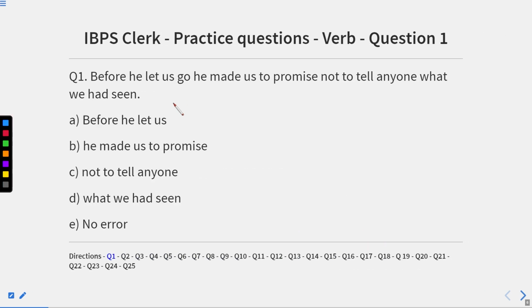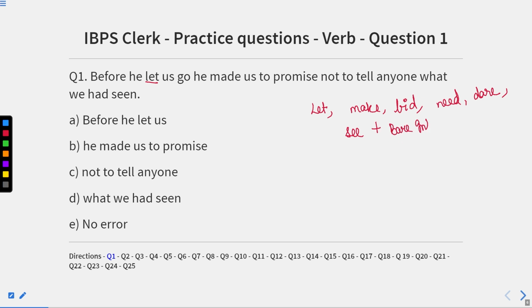The first question is, before he let us go, he made us to promise not to tell anyone what we had seen. Now, whenever we use the word let, or make, or bid, or need, or dare, or see, these are the words that are always followed by bare infinitives.